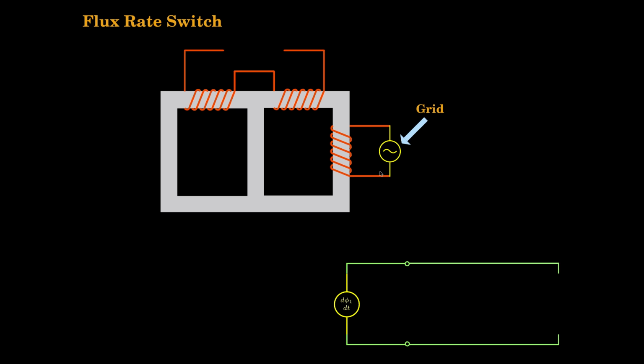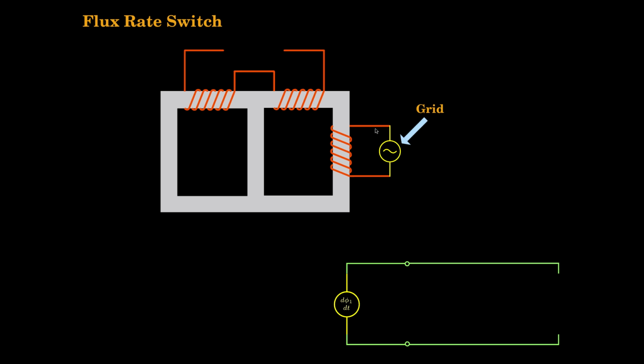So magnetically what is happening? This is a magnetic equivalent circuit that I am trying to draw here. Inside the magnetic core, magnetically there is a d phi by dt. If the voltage is fixed, in the magnetic domain, by Faraday's law, V is equal to N d phi by dt, N being fixed, d phi by dt is directly linked to the voltage.